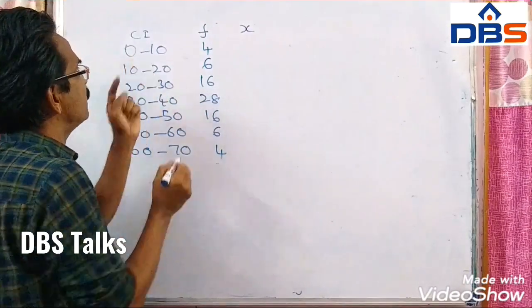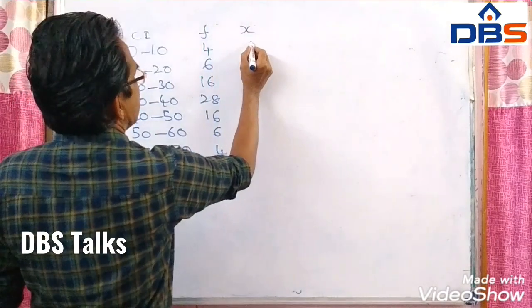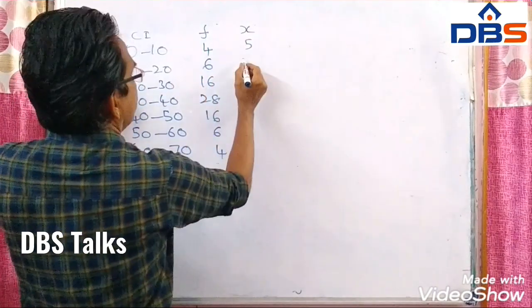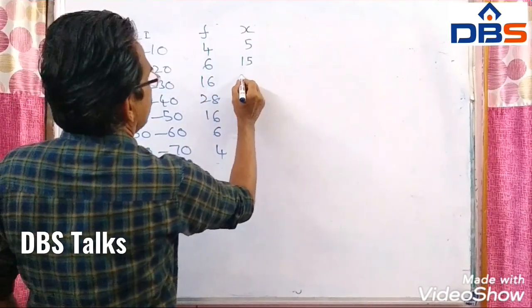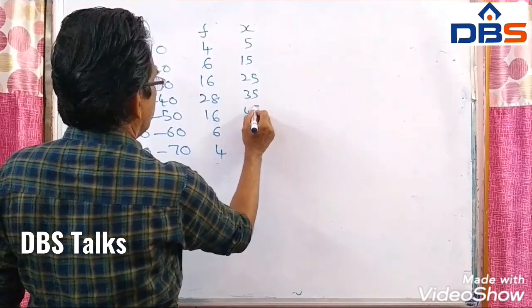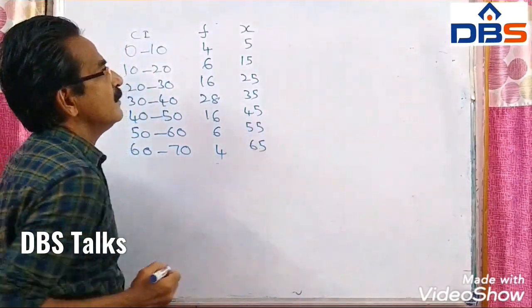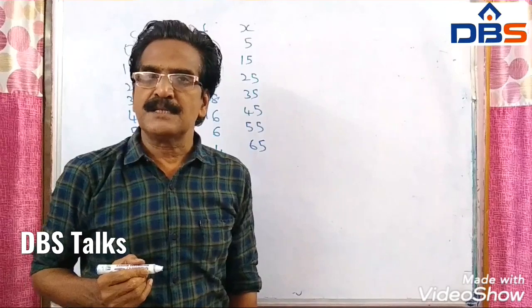X values means middle values. Average of 0 and 10 is 5, then 15, 25, 35, 45, 55, 65. These are the x values.